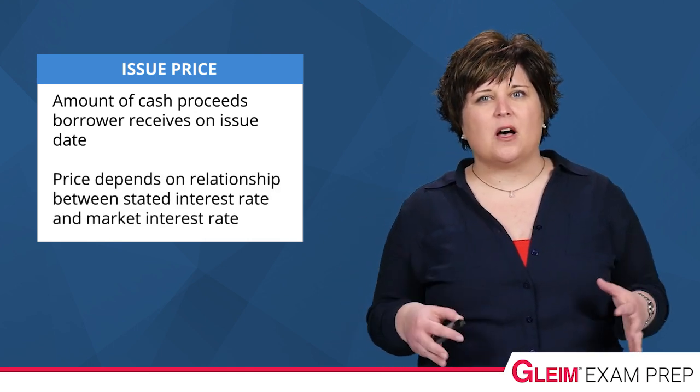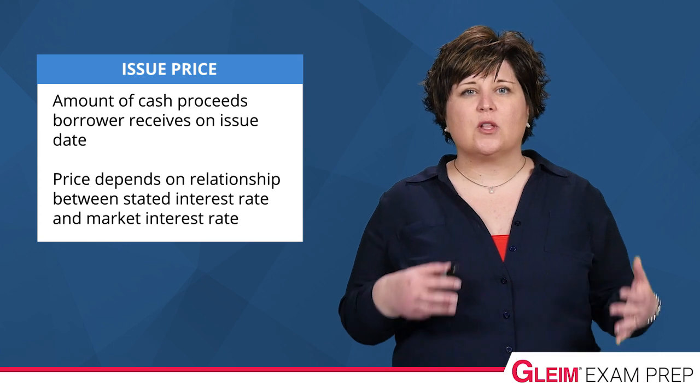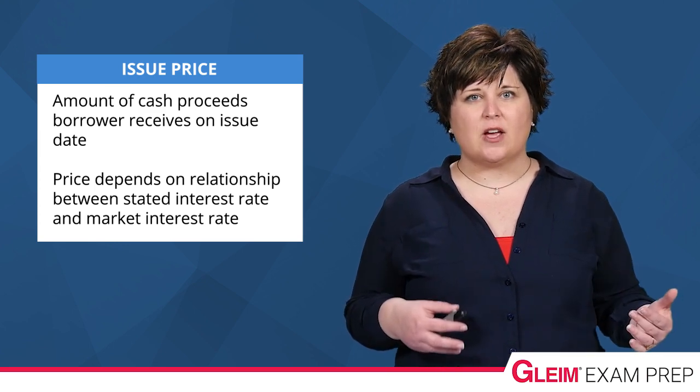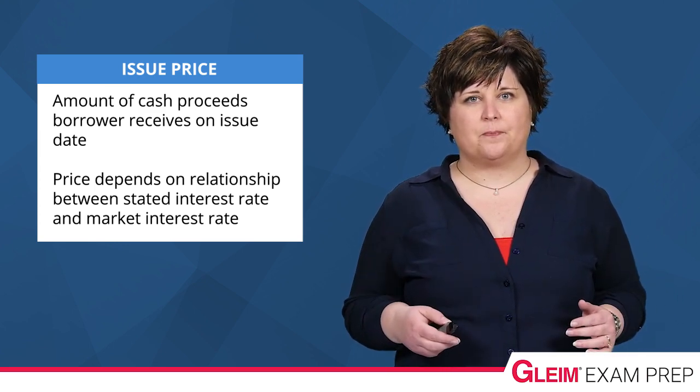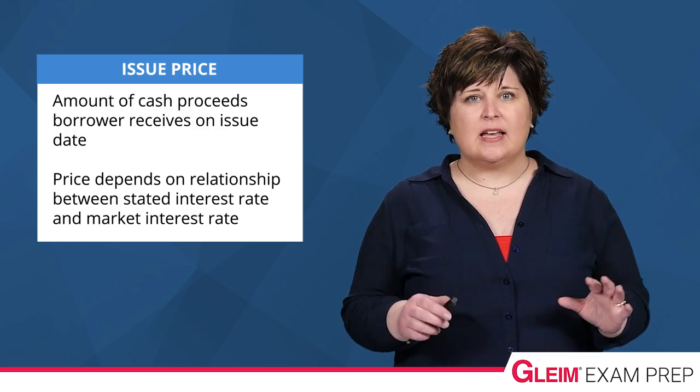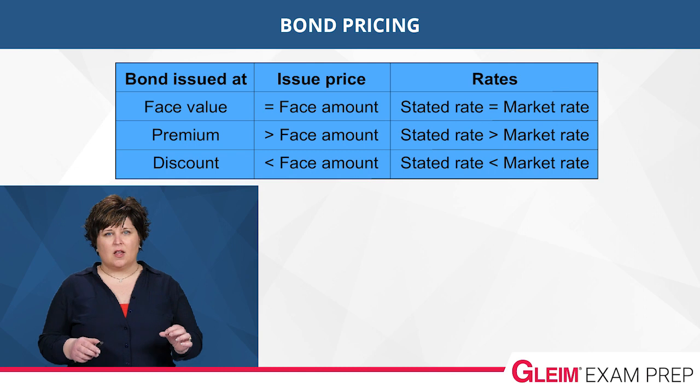The price the bonds are issued at depends on the relationship between the stated interest rate and the market interest rate. Remember, the stated interest rate is the rate found on the bond certificate. Now, if the two rates are the same, then we say the bond is issued at face value. If the borrower is issuing $1 million of bonds, then the proceeds, the amount the borrower receives on the issuance, are $1 million.